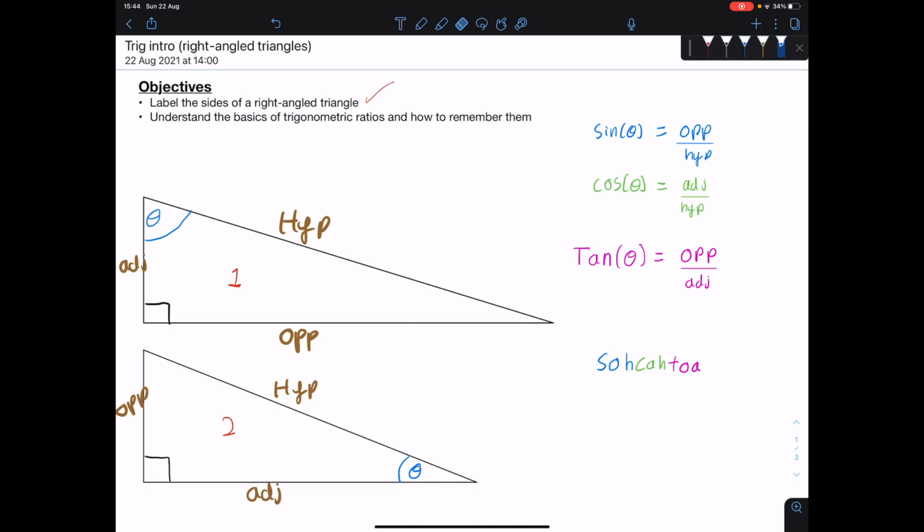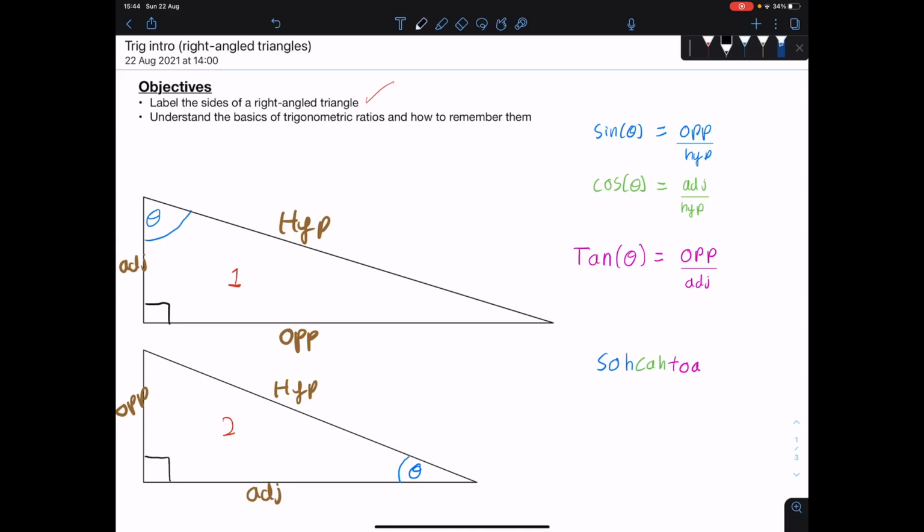The best way to remember these three trigonometric identities is by something called SOHCAHTOA. And to use SOHCAHTOA, you need to look at the letters in groups of 3, and I have colour-coded these letters here.